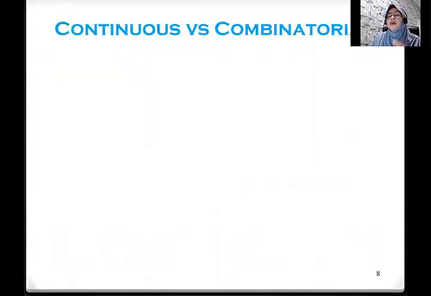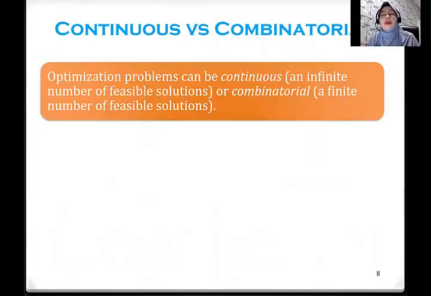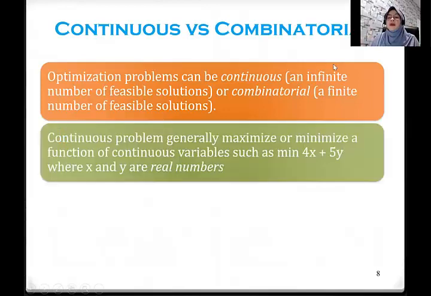So let's have a look at continuous and combinatorial problems. An optimization problem can be continuous, that is, an infinite number of feasible solutions, or combinatorial, that is, a finite number of feasible solutions. Continuous problems generally maximize or minimize a function of continuous variables such as 4x plus 5y, where x and y are real numbers.